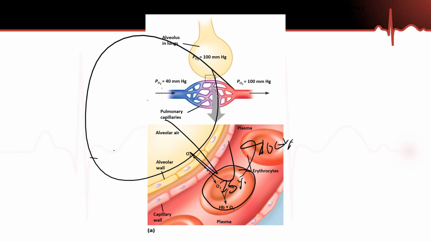The reason I'm saying this should seem contradictory is because think about how many oxygen molecules you would need in order to do this. To allow the hemoglobin within a red blood cell to go from 75% saturation to 100% saturation, how many oxygen molecules would the red blood cell have to gain?